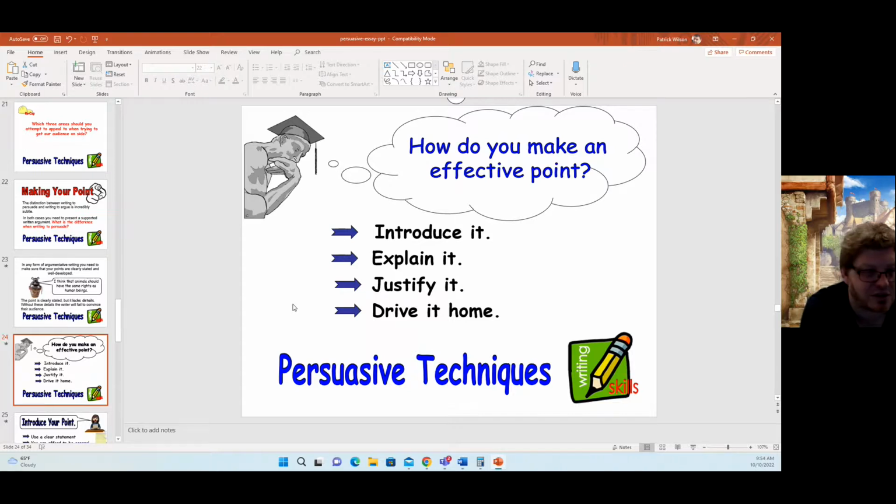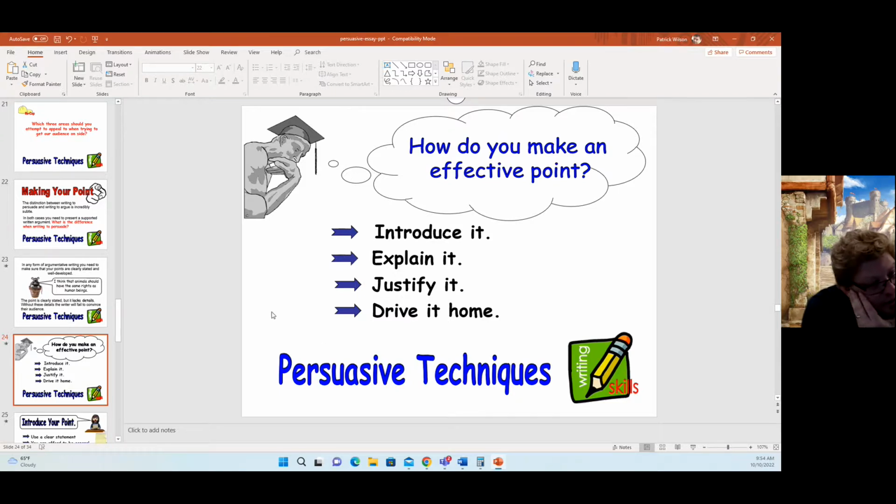It's when you start writing these short, really choppy sentences that don't have these 4 attributes in them that you start to, one, lose your audience, because you're not going to persuade anybody if you just introduce it and then drive it home, because you missed explain it and justify.